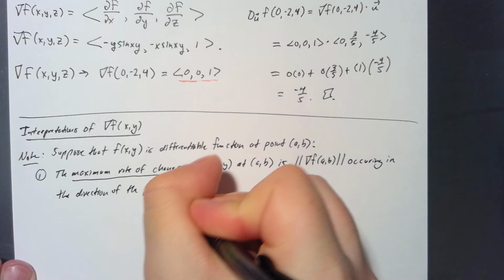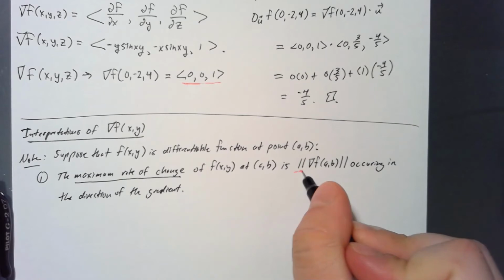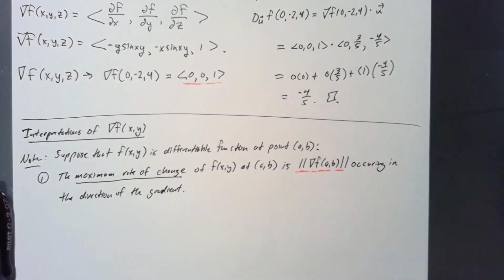So that's what this value represents right here. This right here is the maximum rate of change. That's what the gradient really represents. Basically, it's the slope of greatest ascent.